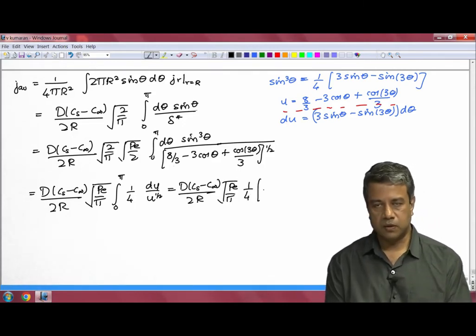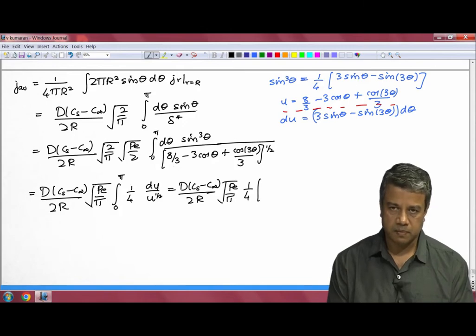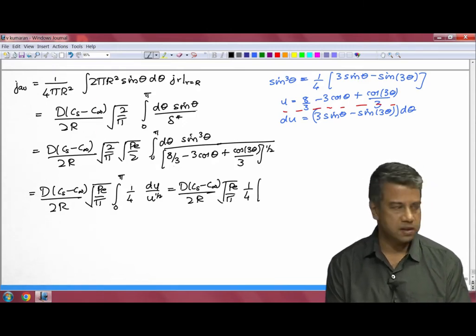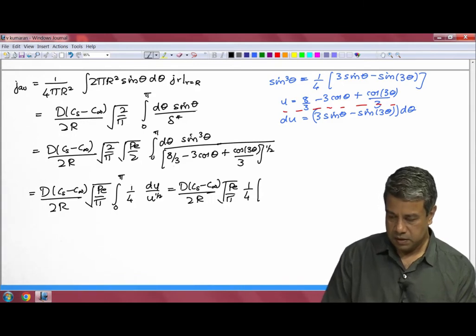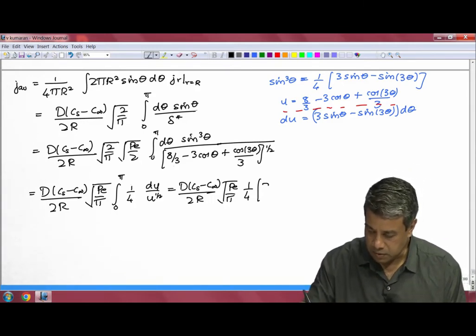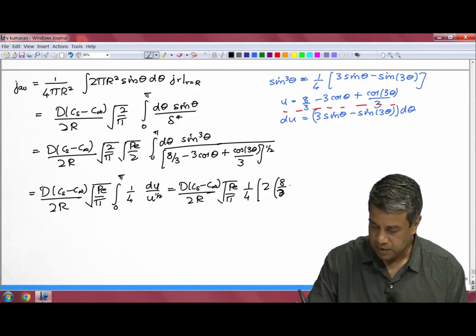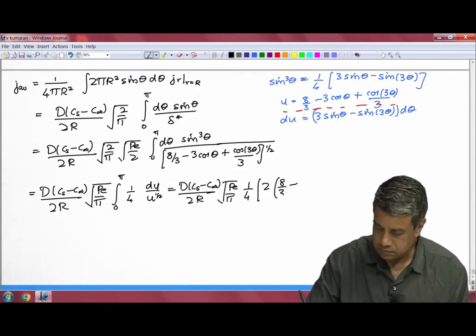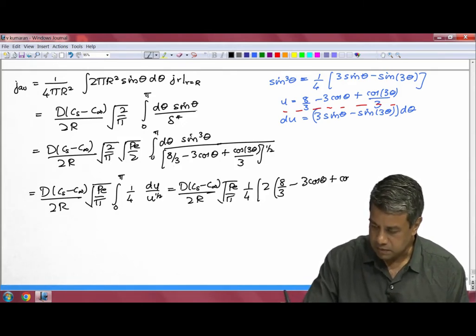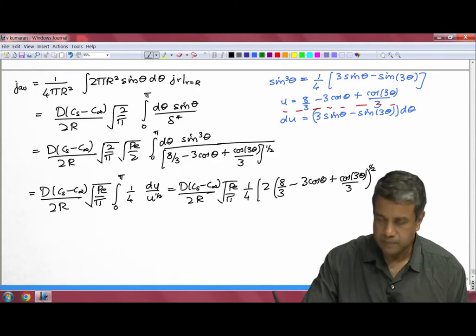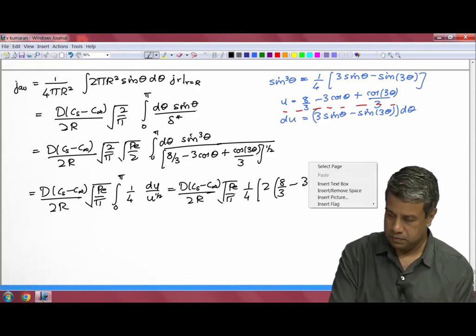The integral of u power minus half is 2 times u power plus half. So, it is going to be equal to 2 into u power plus half, which is 8 by 3 minus 3 cos theta plus cos of 3 theta by 3, whole power half.